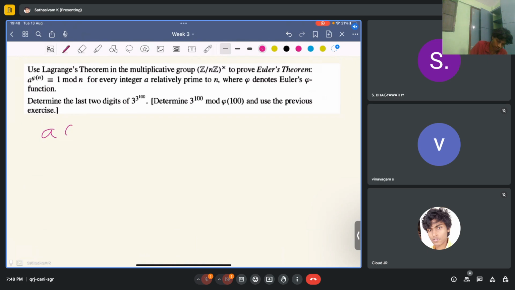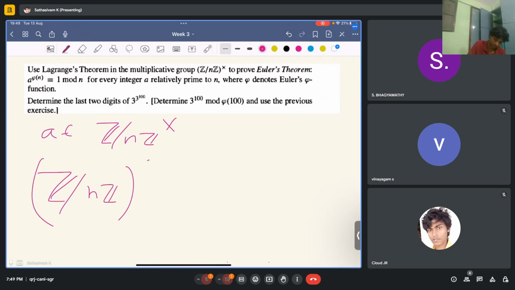Let's say a belongs to Z mod nZ star. Now what do we know? What is the order of this group Z mod nZ star? This order is nothing but phi of n, right?